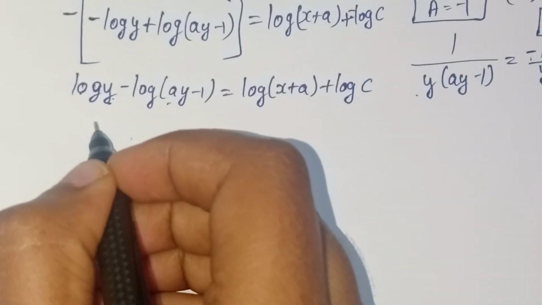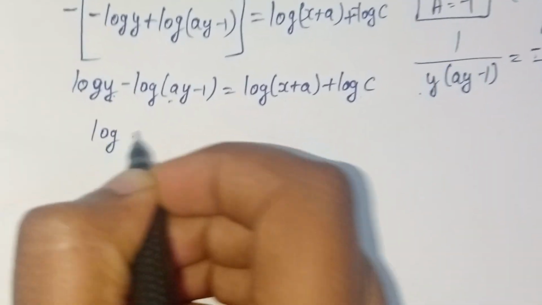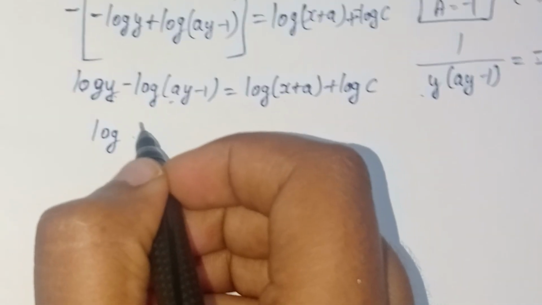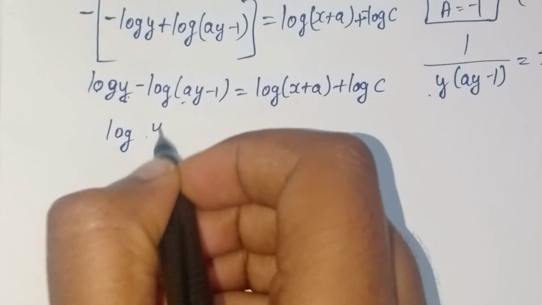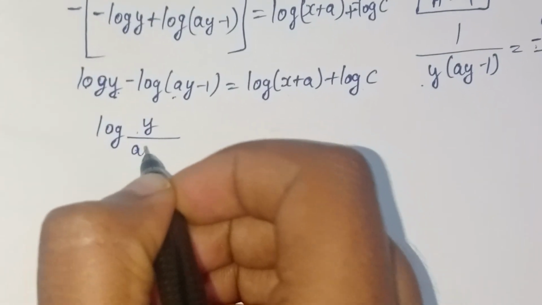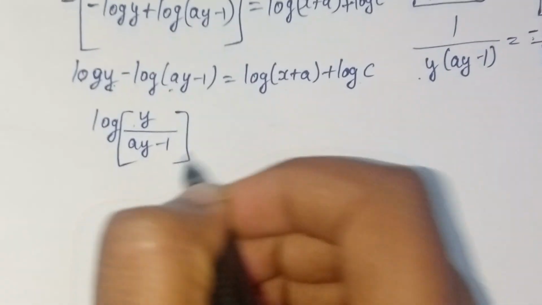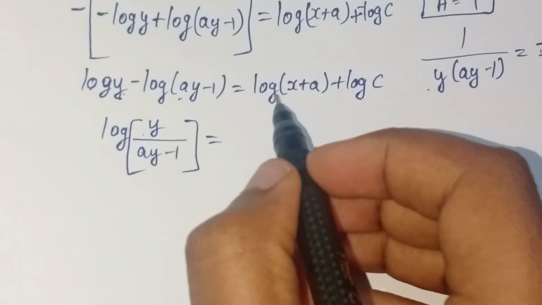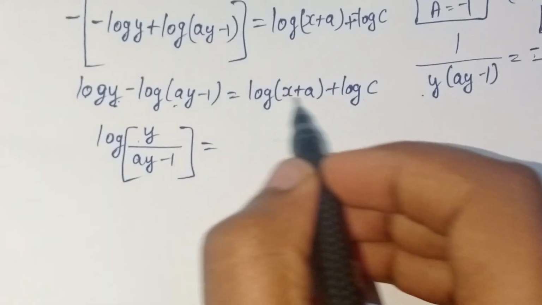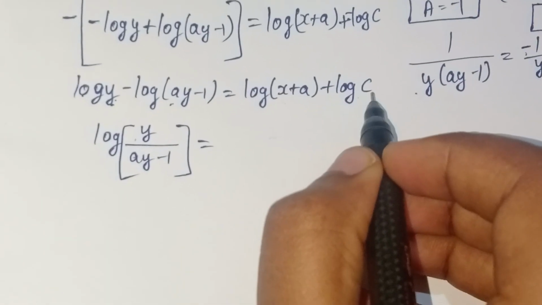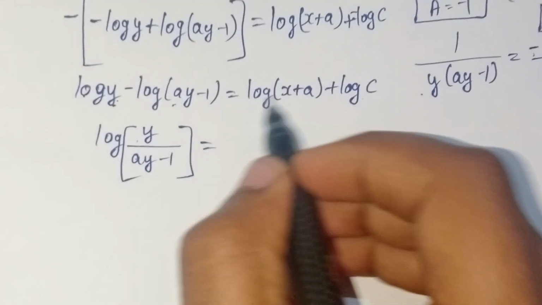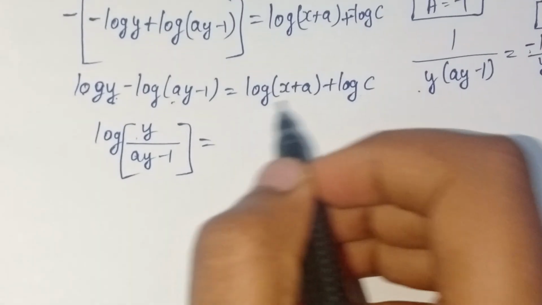So we write log y by (ay minus 1) equals, and these two terms are in the form of log a plus log b, which equals log ab.